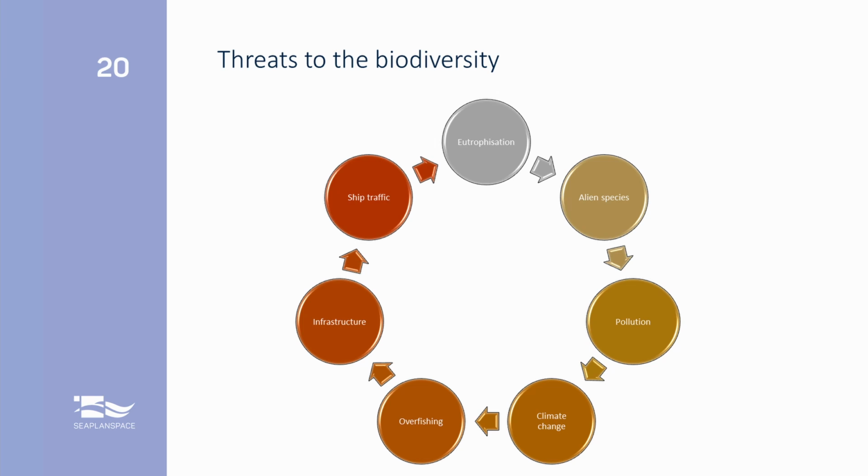Also, it is known as one of the most polluted seas in the world, with major biodiversity threats such as overfishing, eutrophication, alien species, pollution, climate change, several infrastructure, and very heavy ship trafficking.